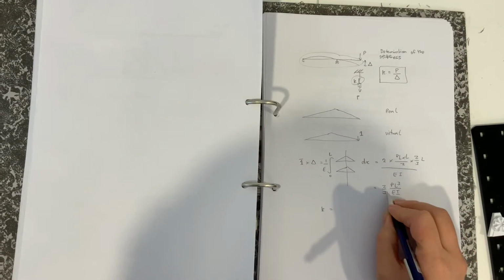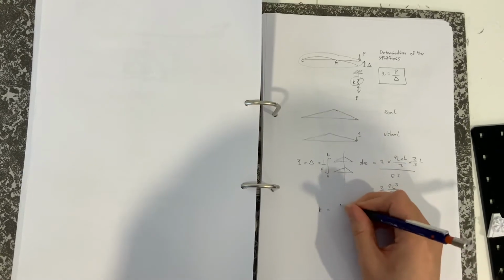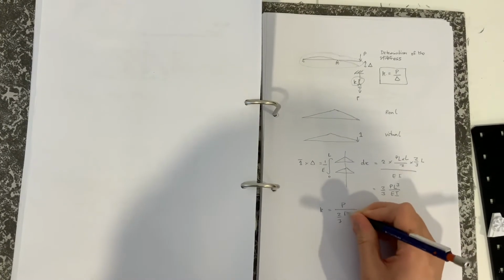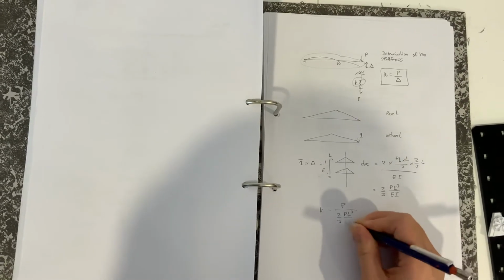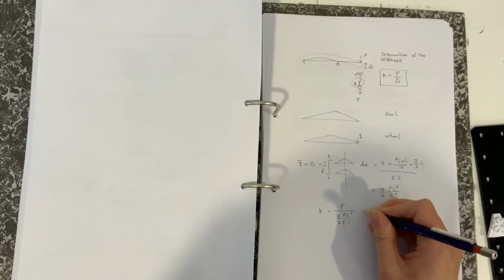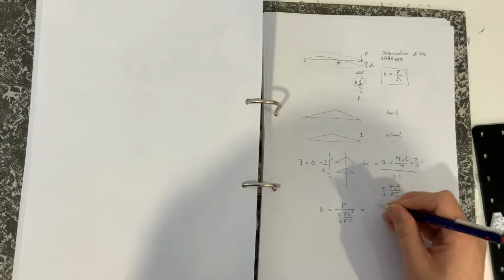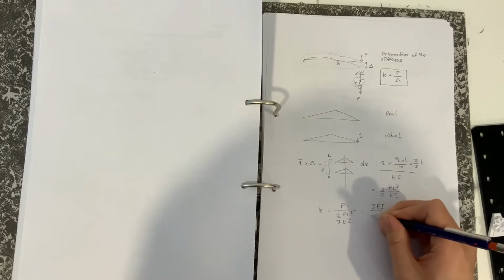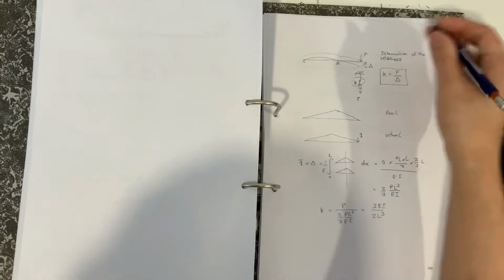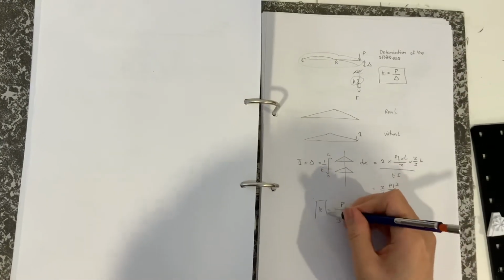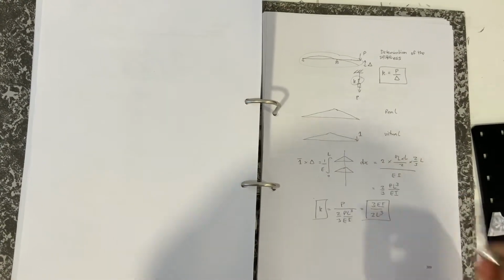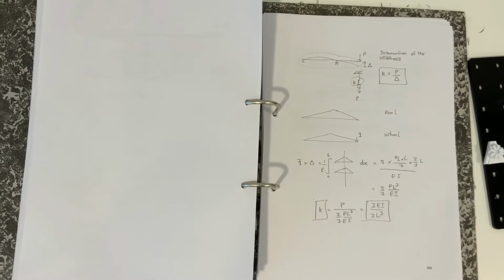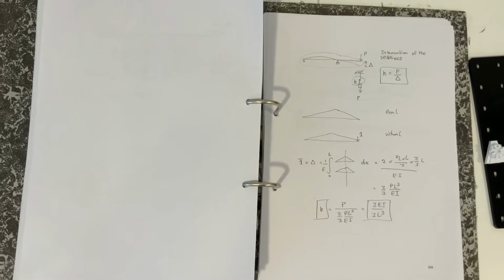So you've got your deflection, which is going to be 2 over 3 PL cubed over EI, and then the stiffness is going to be 3 EI over 2L cubed. So to get the stiffness of that structure is hopefully quite a trivial task.